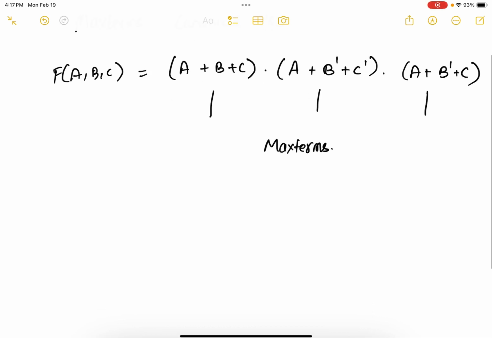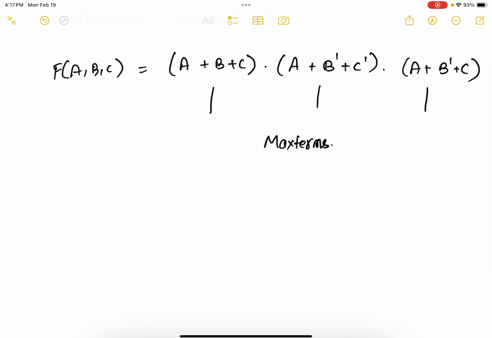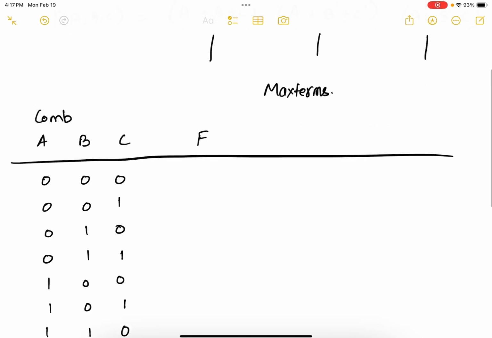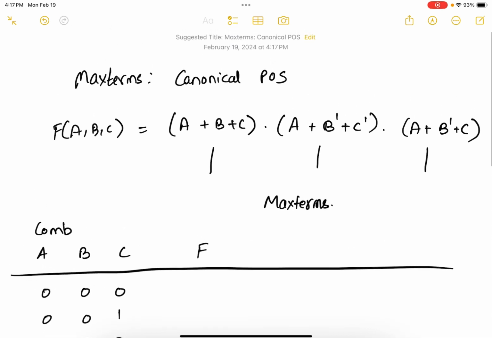Okay, so the best way to identify a max term is we have the combination ABC, we have F. If you remember, in minterms, we looked at the situation where the function came out to be 1.